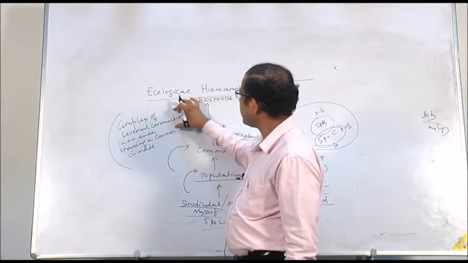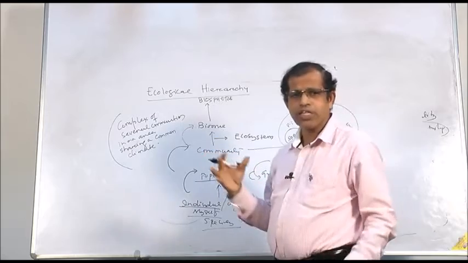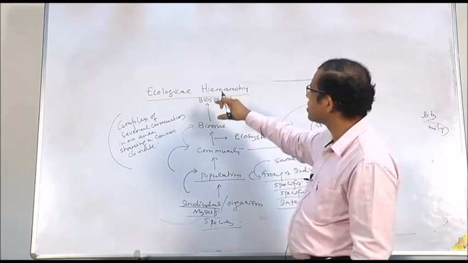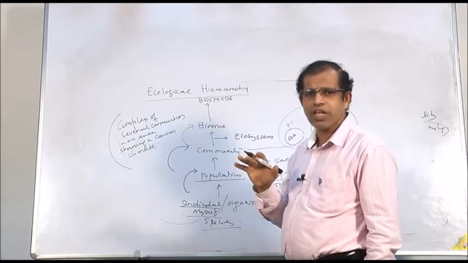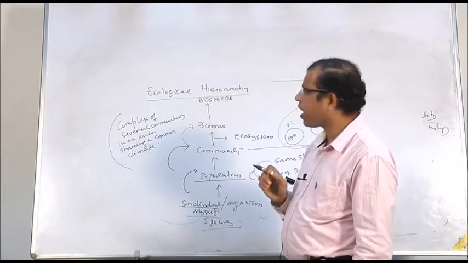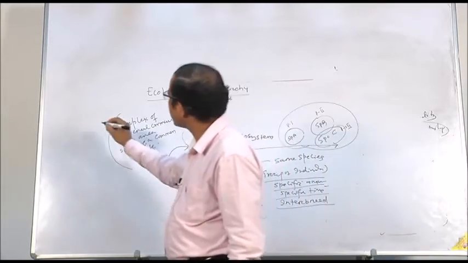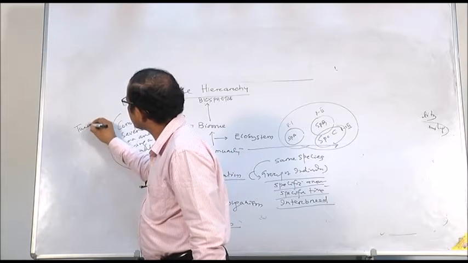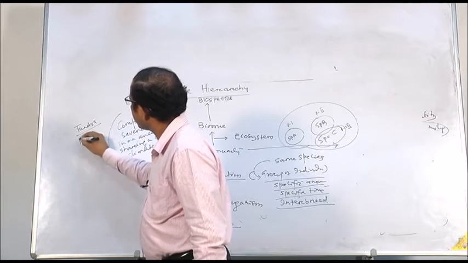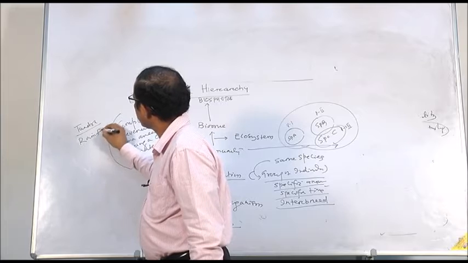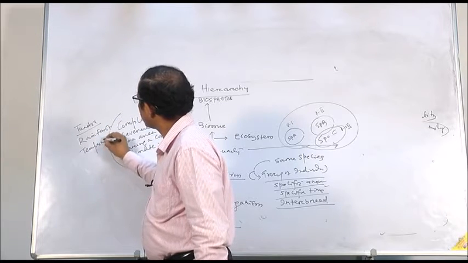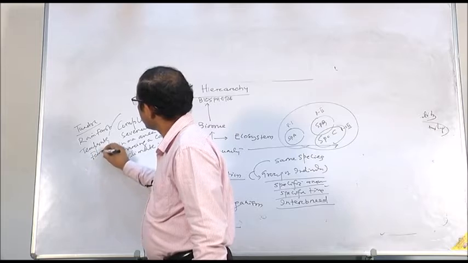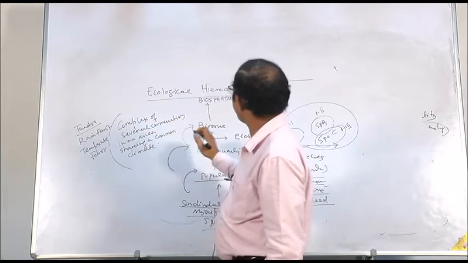So, when many communities reside in one place and have the same climatic conditions, then we can say it is a biome. One example is the tundra biome, rain forest, temperate forest; these are biomes.